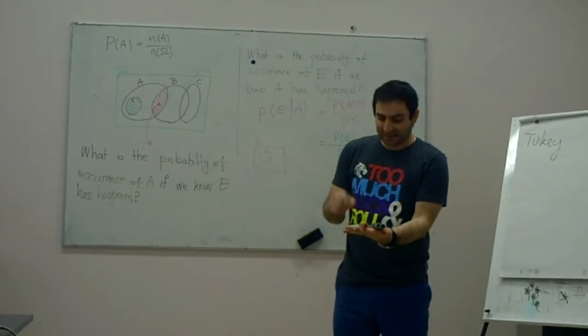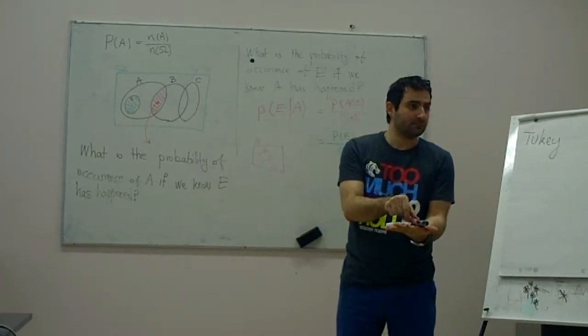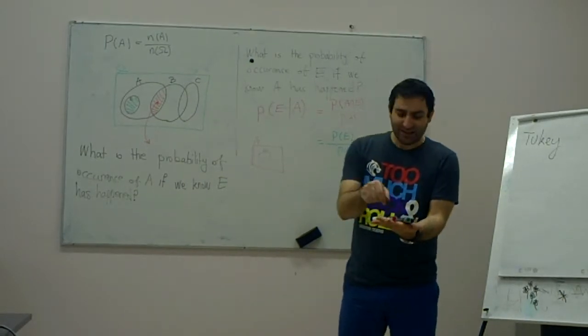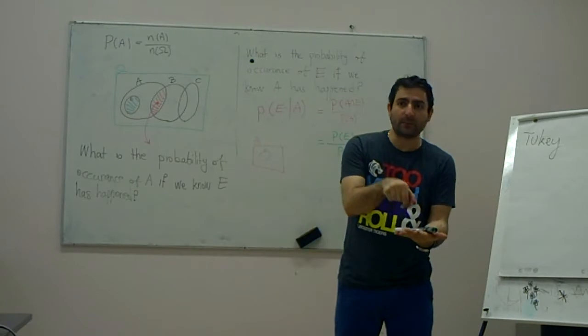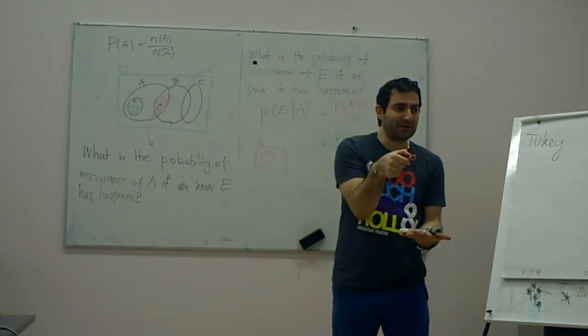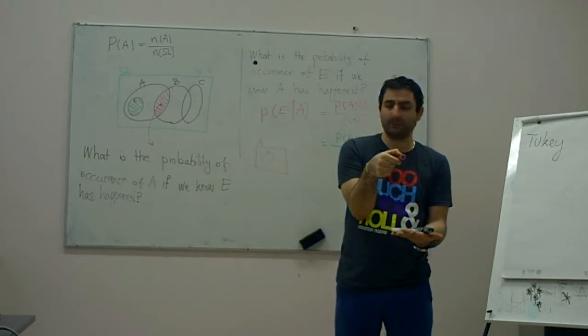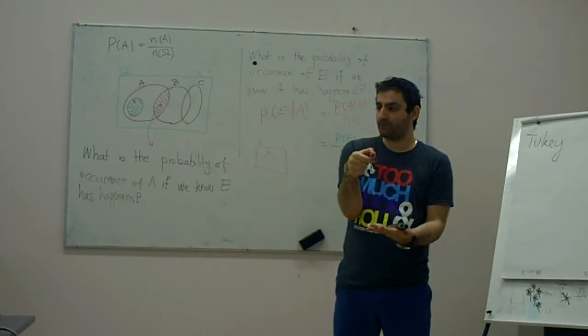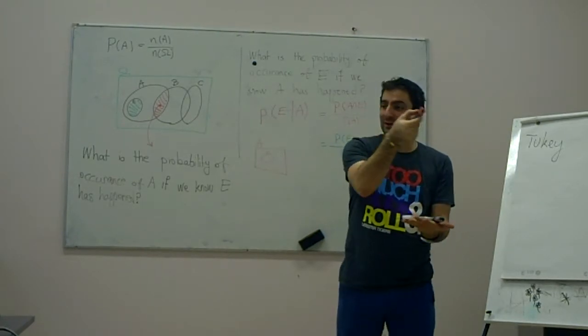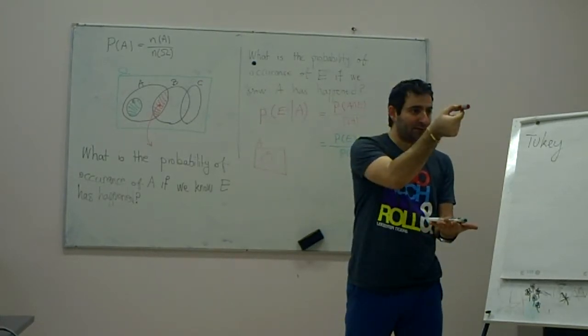And E is picking up a red. Okay, picking up red. The question says, if I have picked up red, Murtaza, what is the probability of picking up a marker? 1, because this has happened, I have it. So what is the probability of having a marker? Then it will be 1.